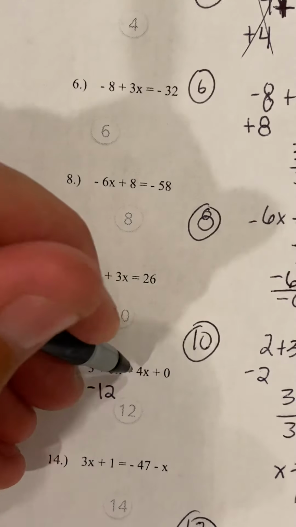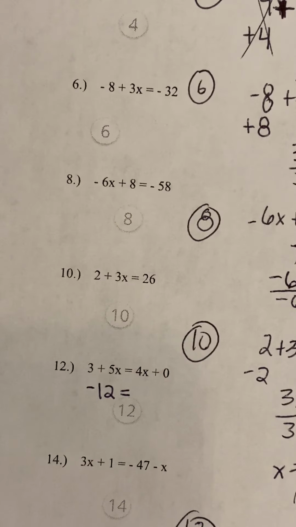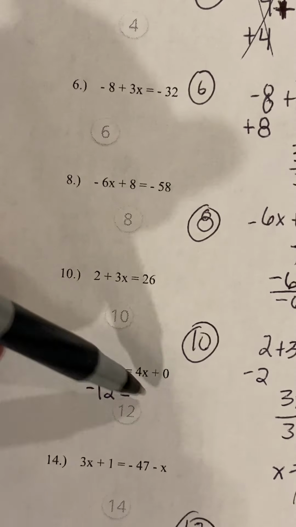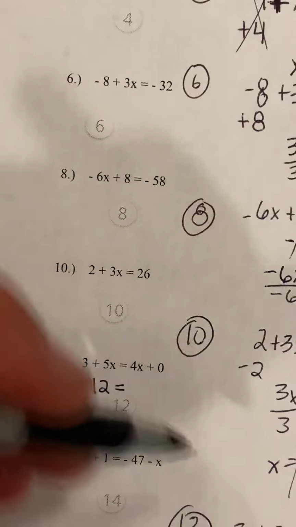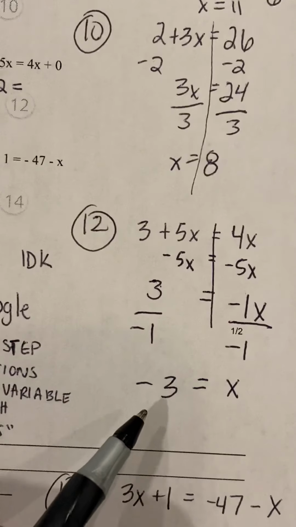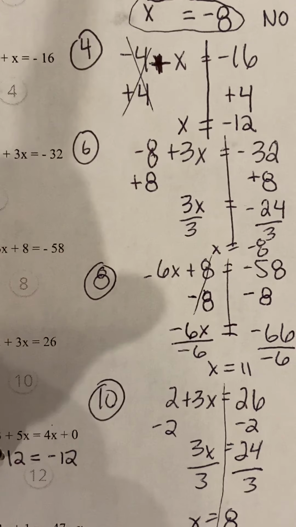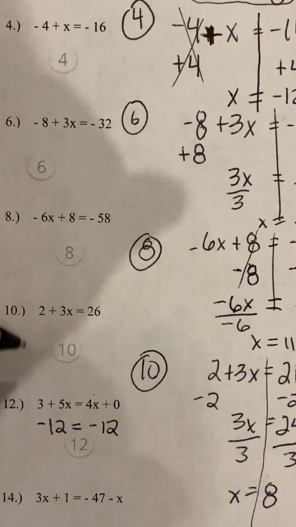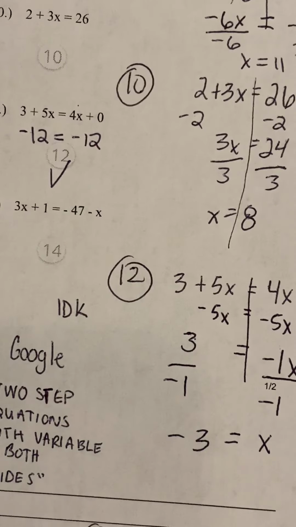And then I better have negative 12 over here, because what we're trying to do when we solve these equations, we want to find a number that works for the variable and makes the equation true. My answer that I had was negative 3. 4 times negative 3 is negative 12. Does negative 12 equal negative 12? Well, yeah. So that checks. I know number 12 is right now.